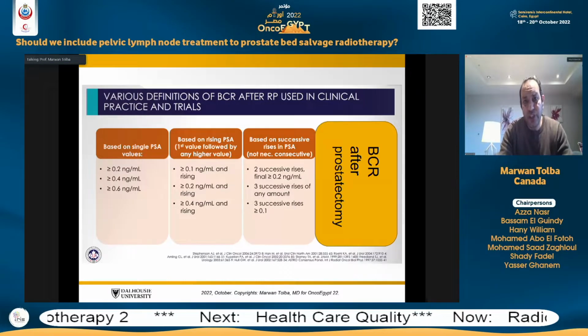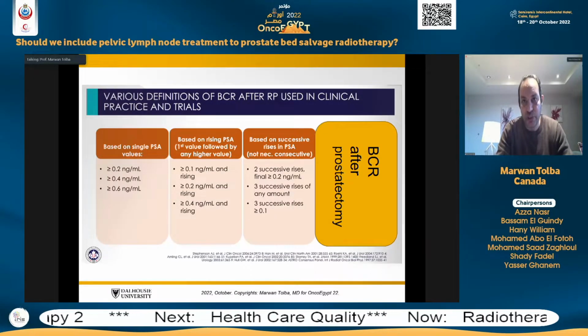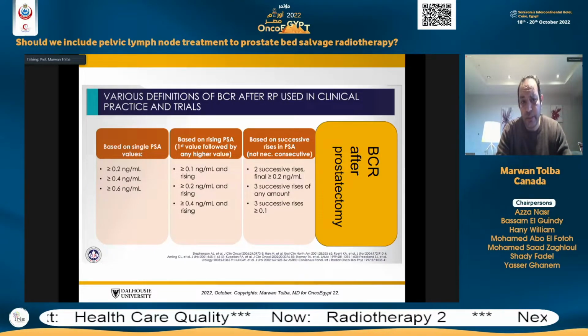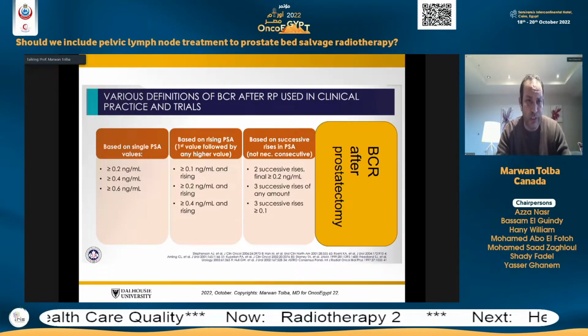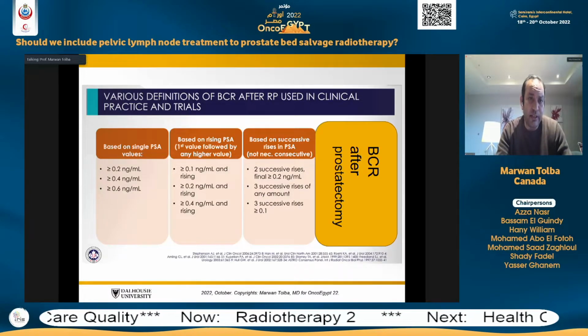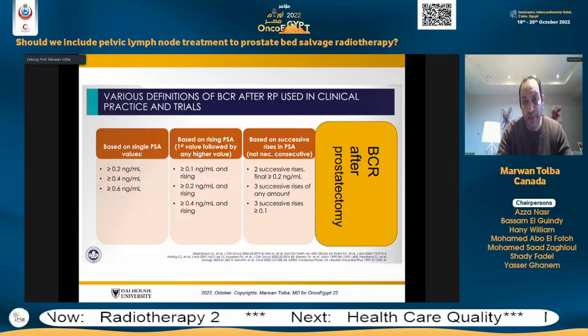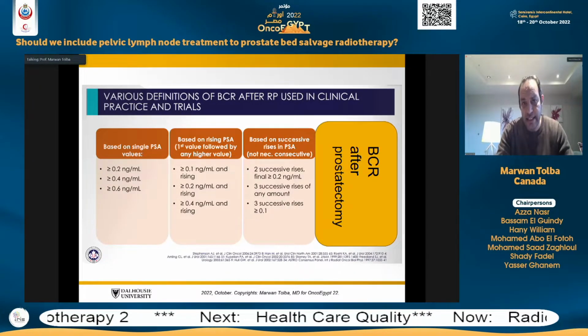So there are different definitions of biochemical failure after radical prostatectomy in the world, in clinical practice and in the trials. Some defined the biochemical failure based on one PSA rise of 0.2, as the American Urological Association defined, and other definitions are based on sequential rising.